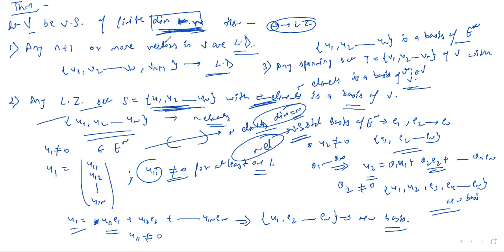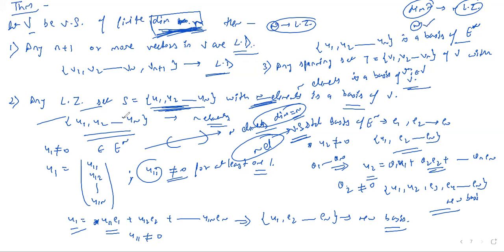But here I have already given that the dimension is n, so we can easily see that this dimension n means there are n linearly independent vectors, and there are n vectors which generate the whole vector space.